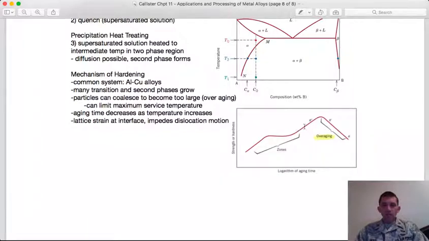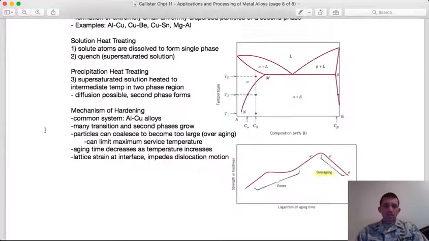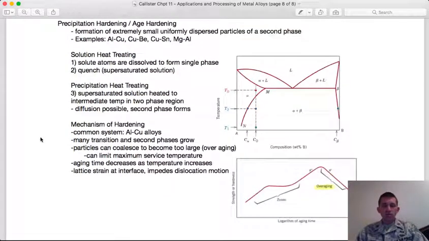And there's a sweet spot, right? You can overage it and actually get a weakening of the material, and that's because the particles could, given enough time and temperature, actually coalesce and become too big, right? So that you don't have a dispersion of fine particles.